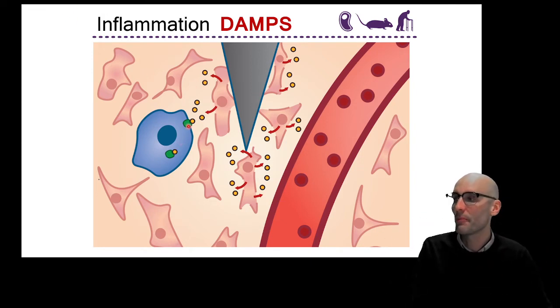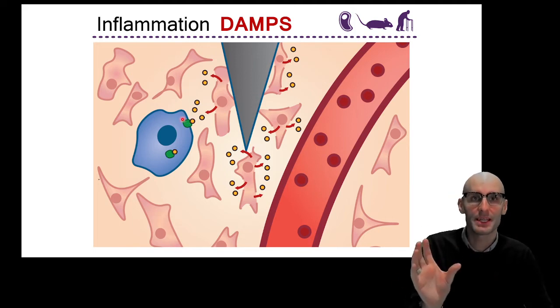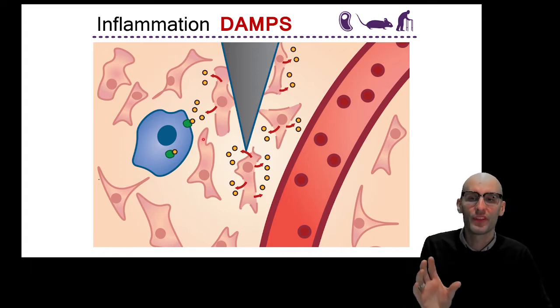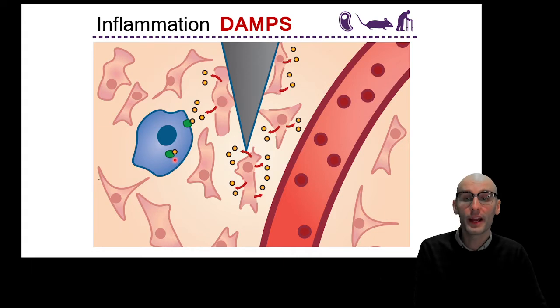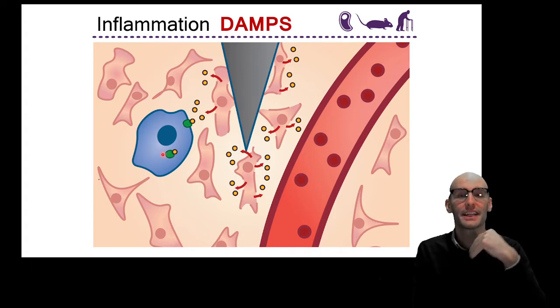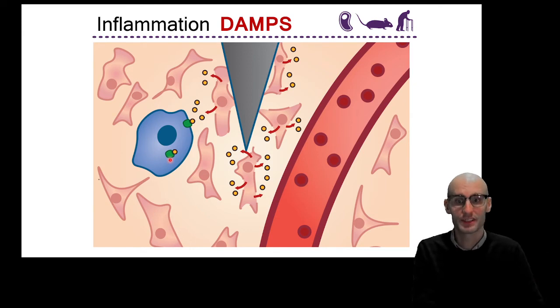Now, those compounds could be detected on an extracellular receptor, so that's a membrane receptor on the surface of the macrophage, poking out and detecting it directly, or it could be in the cytosol. There are actually a number of receptors in the cytosol that detect those perturbations. And so it has to get from outside to inside, and we'll go through that in a later video.